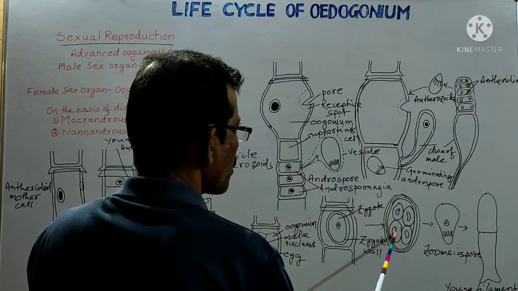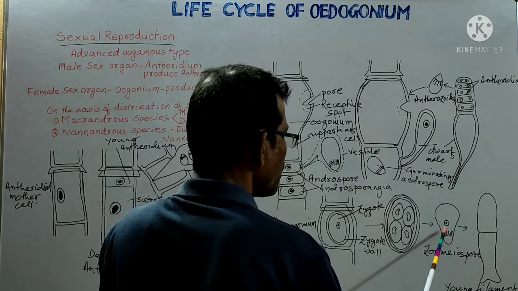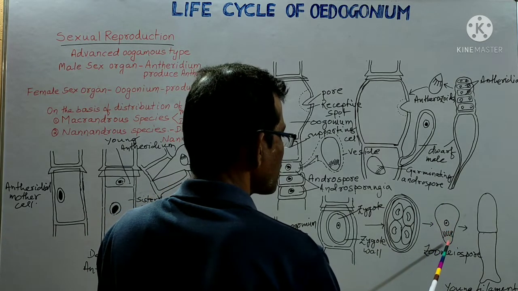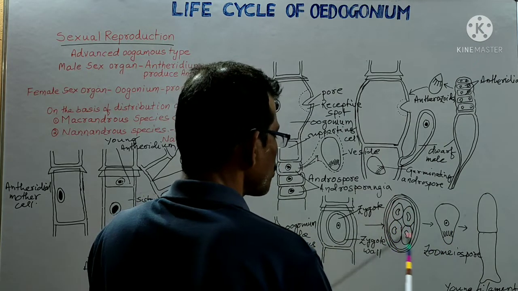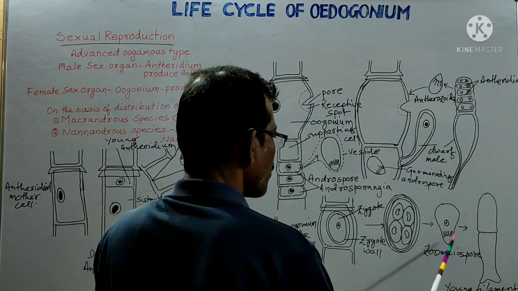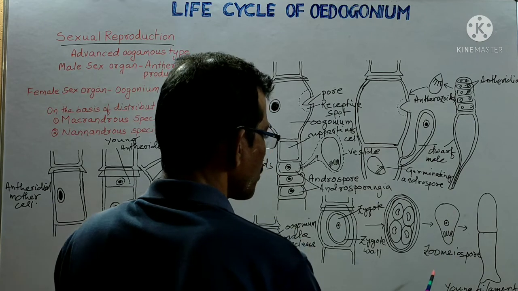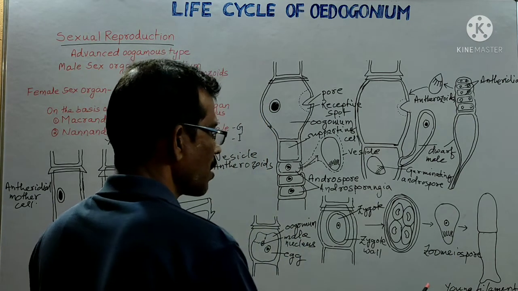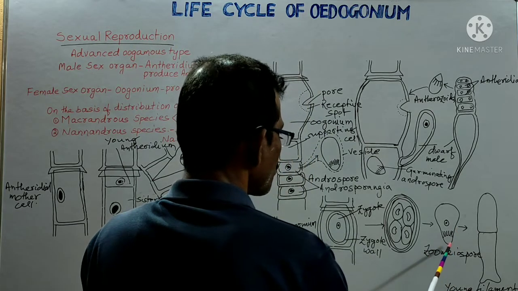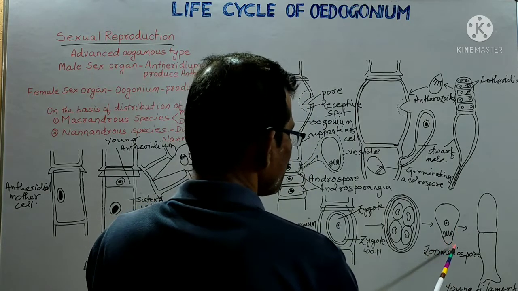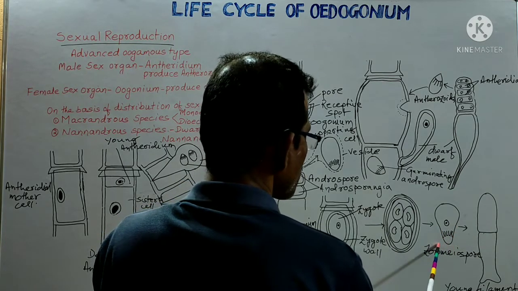Each of these 4 haploid nuclei undergoes metamorphosis to form a uninucleate multiflagellate zoospore. So inside each zygote, 4 zoospores are formed, and this zoospore undergoes germination when the condition is favorable. So this zoospore settles on a suitable substratum in which the anterior end is pointing downwards.